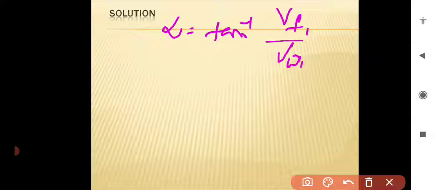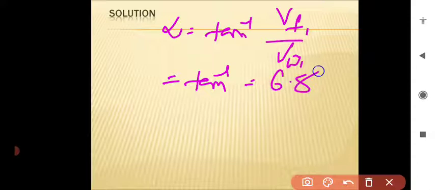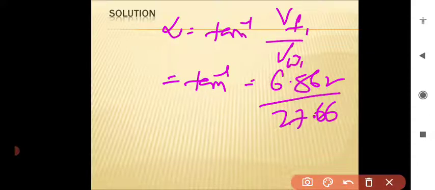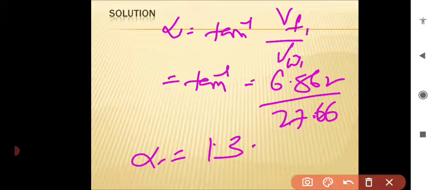You will get alpha is equal to tan inverse of VF1, which is 6.862, by VW1, which is 27.66. Finally you will get alpha is equal to 13.93 degrees.